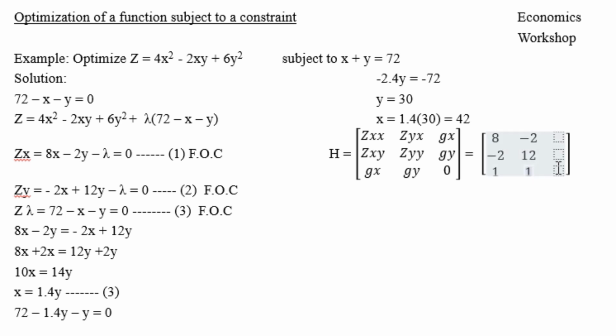And we have 0 here. This is 1. This is also 1. So we can see that this matrix is bordered by these derivatives. So the plain matrix, that is Zxx, Zyx, Zxy, Zyy, is bordered by the derivatives of the constraint function. So let us find the determinant of this bordered Hessian matrix.